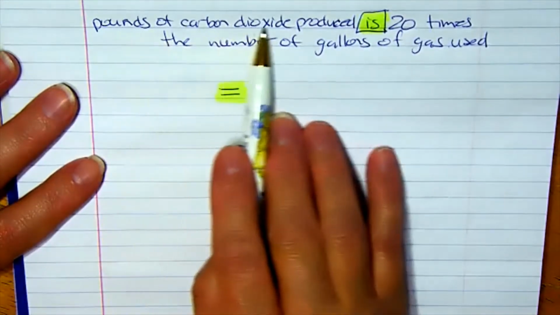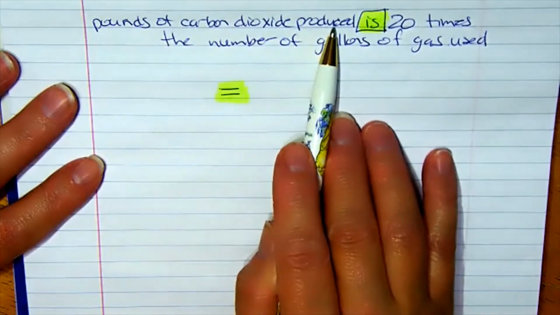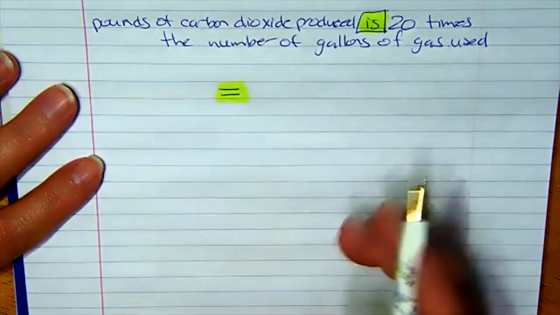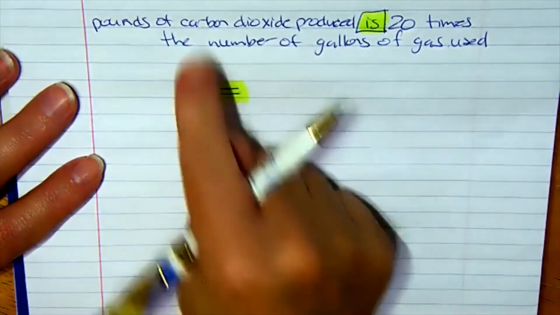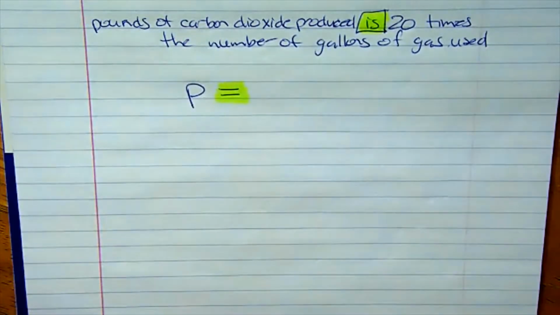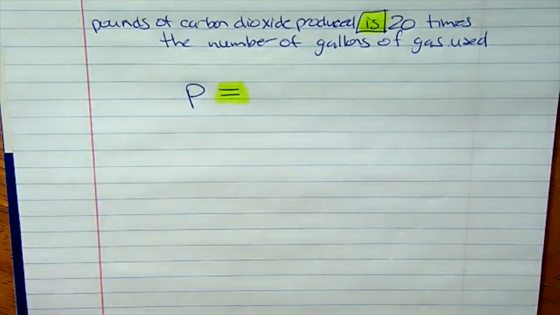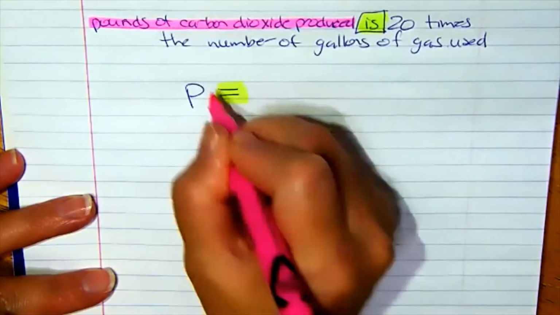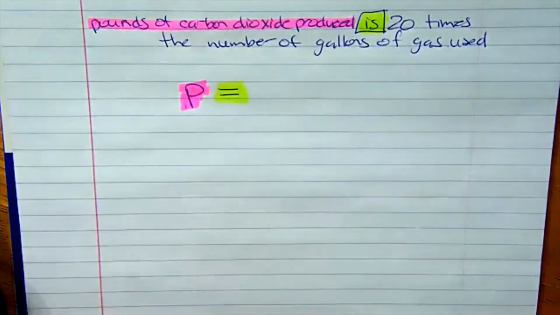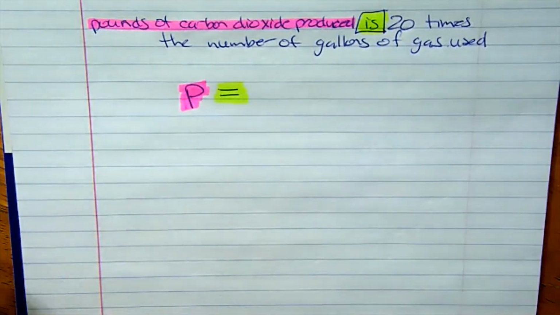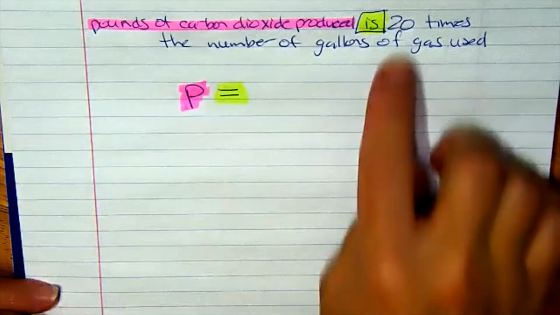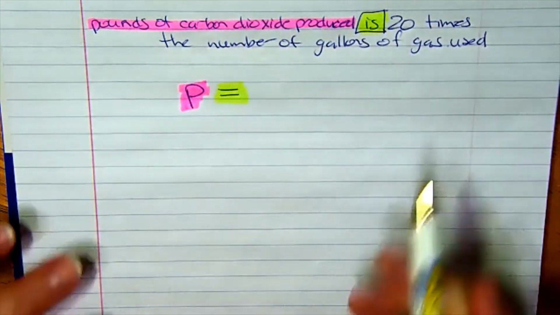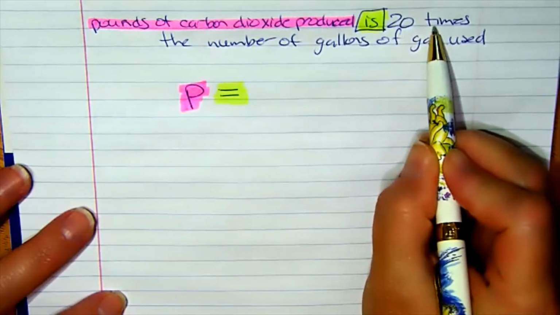So pounds of carbon dioxide produced. The word problem said that this is going to be represented with P. So the pounds of carbon dioxide produced is P. Okay. Now we need to figure out what all of this means after the equal sign. 20 times.